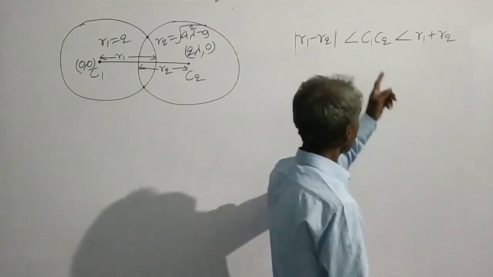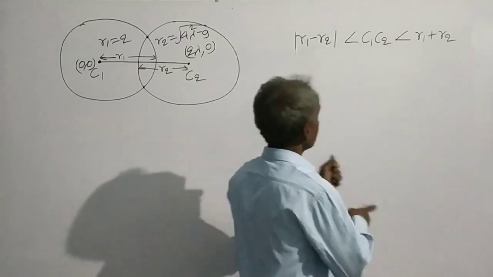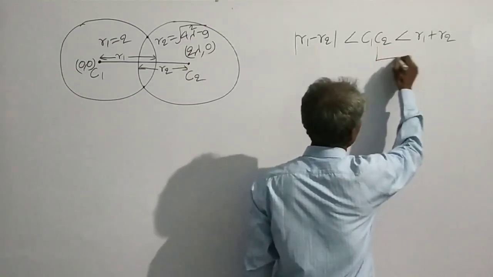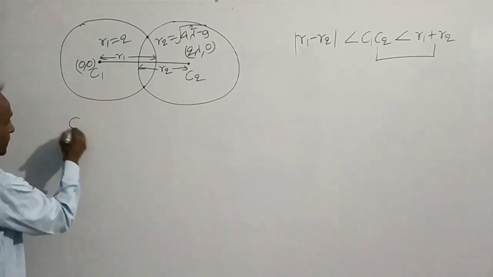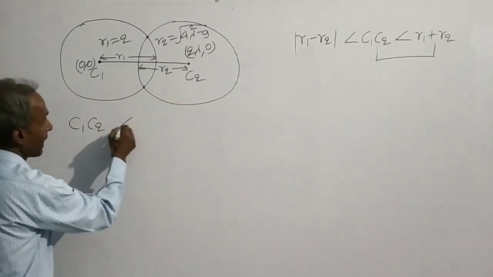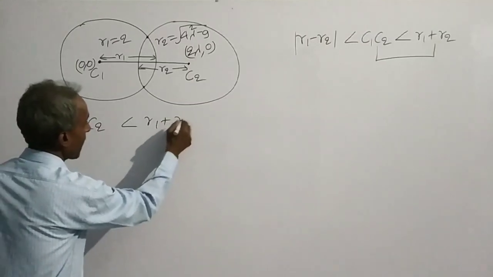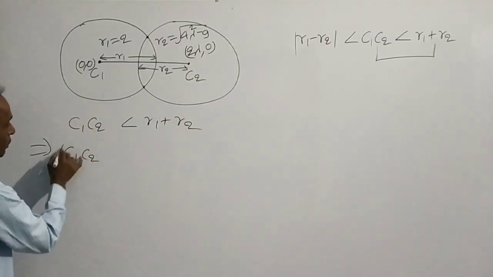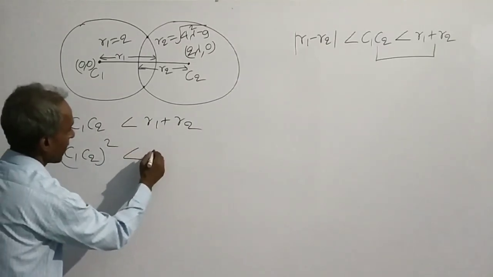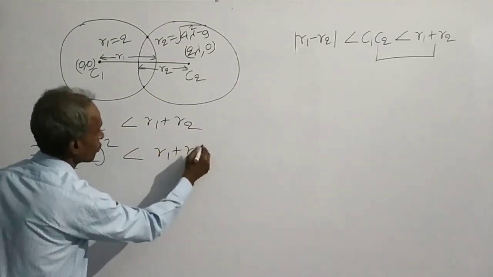First, we consider this condition C1C2 less than R1 plus R2. C1C2 less than R1 plus R2 implies that C1C2 square less than R1 plus R2 whole square.